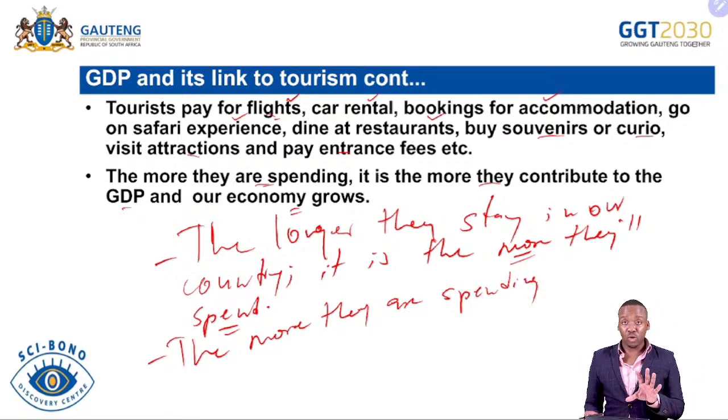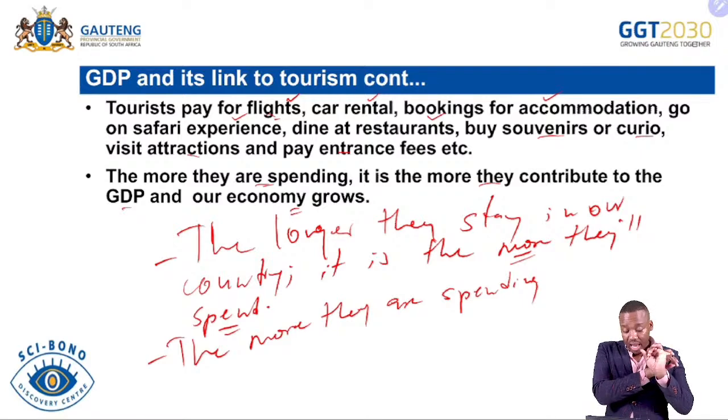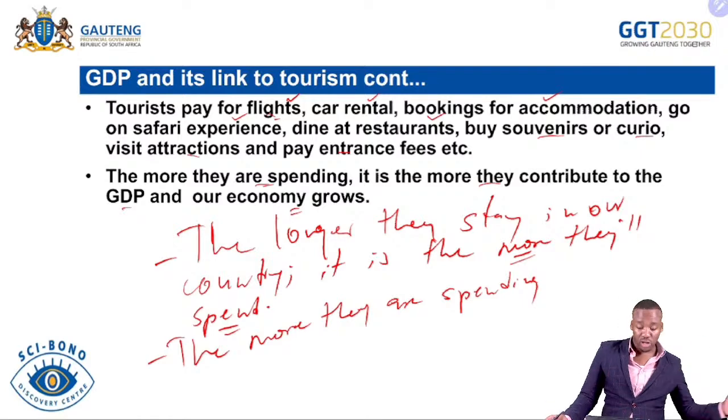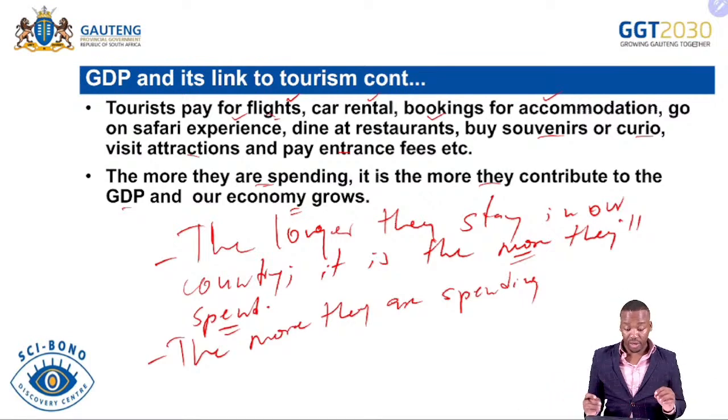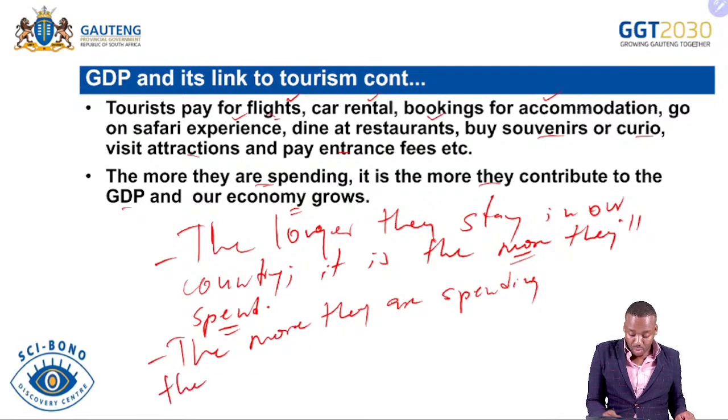Remember, we are discussing tourism. The more they are spending their money on taking flights, maybe from OR Tambo to Cape Town, or from King Shaka to OR Tambo and so on, it is the more their monies will be contributing to our GDP. The more they are spending, it is the more our economy grows.